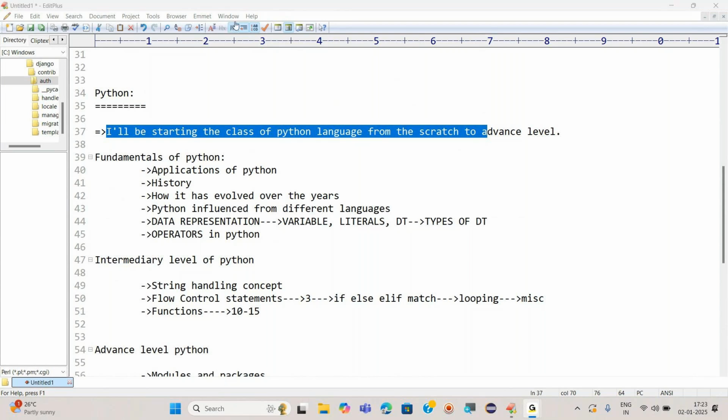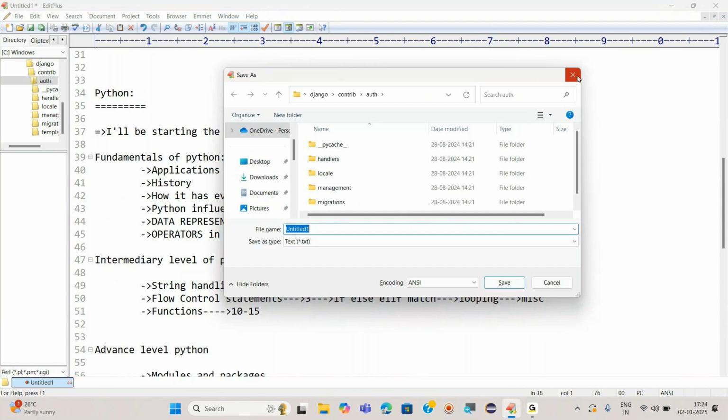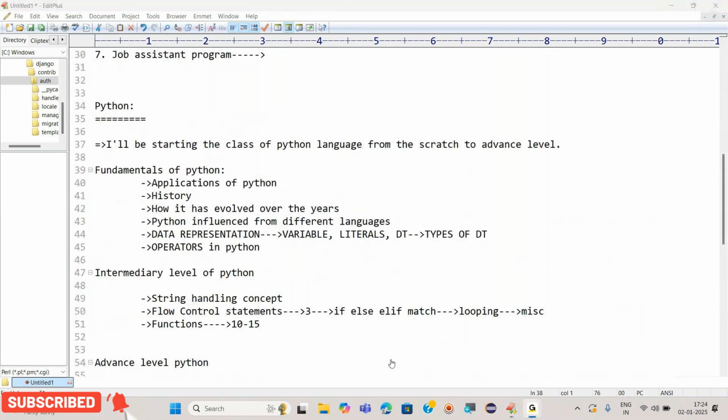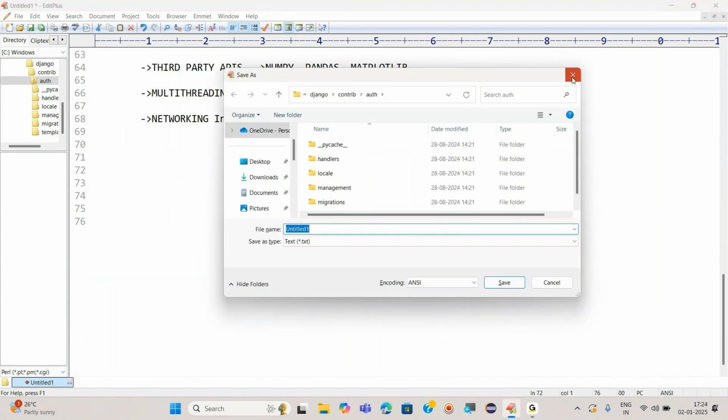Before starting, shall we start the Python programming language, or do you have any doubt? I'll take it as no, and we'll start.